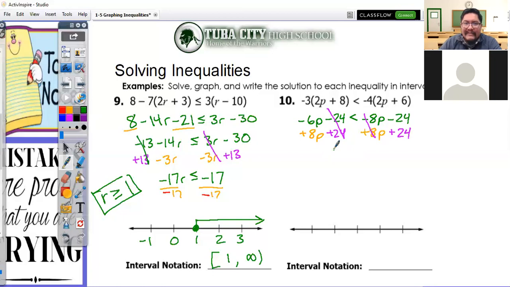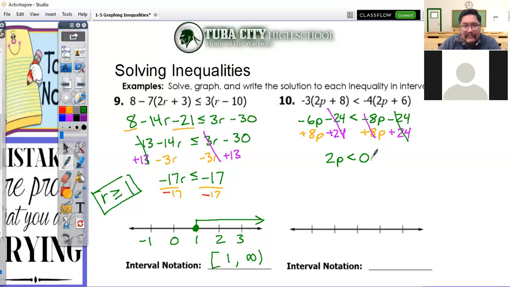What's going on with this one here? Because I cancel 24 on this side also. 8 minus 6, okay, that's going to be 2p equals, well, what goes on this side? 0. Does this mean we have no solution?